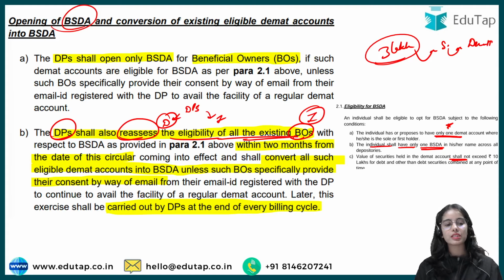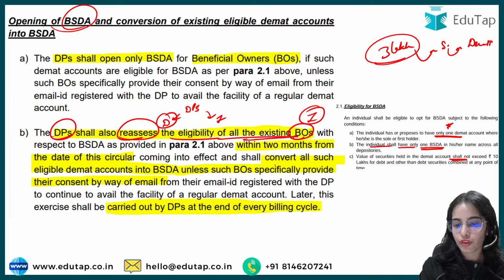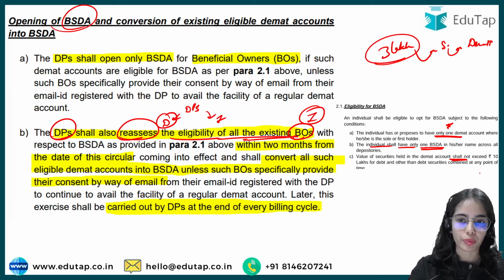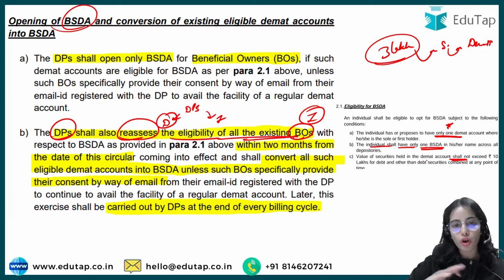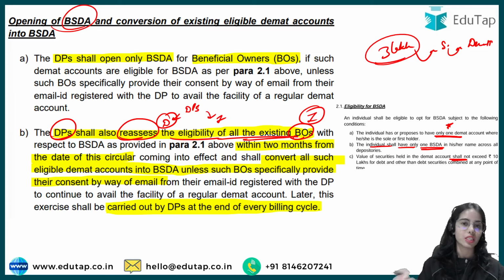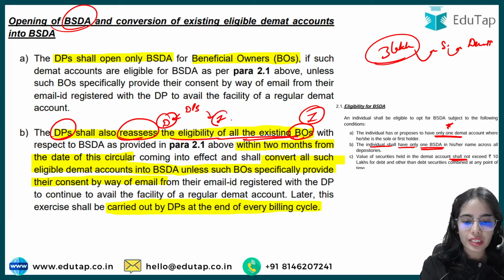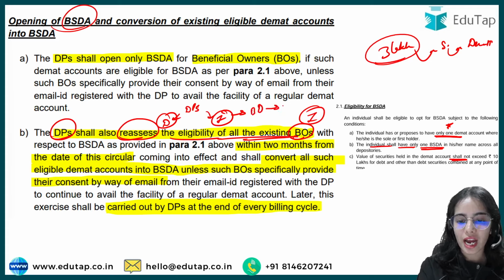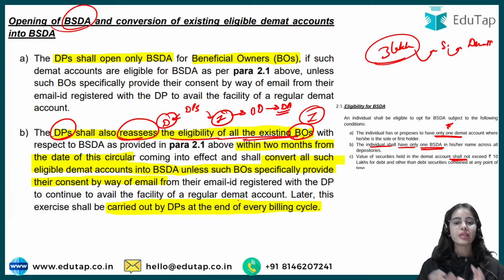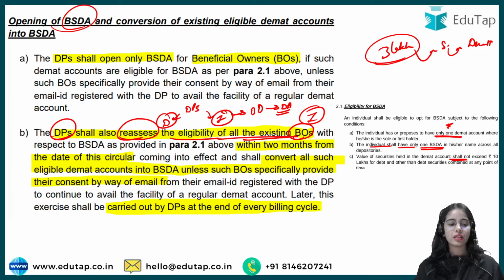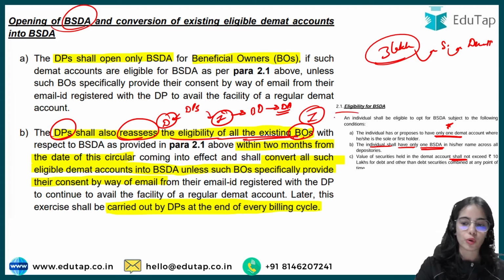So within 2 months of the date of the circular, all demat accounts have to be reassessed to see which of the accounts have less than 10 lakh rupees. All these accounts will automatically be converted into the basic services demat account. Okay, so the investors, the beneficiary owners that are having the demat accounts, their demat accounts will be automatically transferred as the BSDA if they are following the criteria.